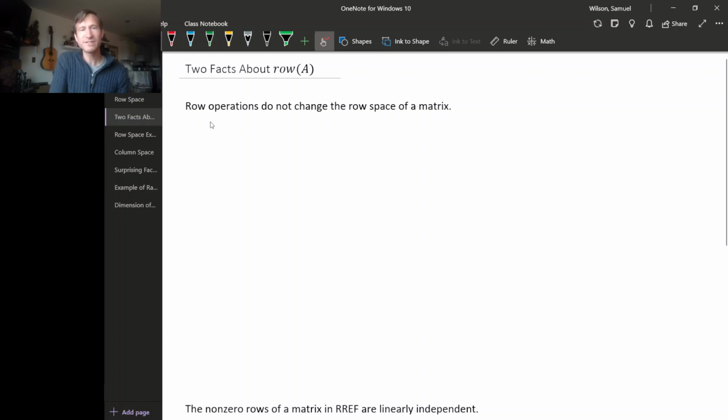Again, we can prove this stepwise. What we'll do is show that no single row operation changes the row space of a matrix. If no single row operation changes the row space, then a whole chain of them won't change the row space either.